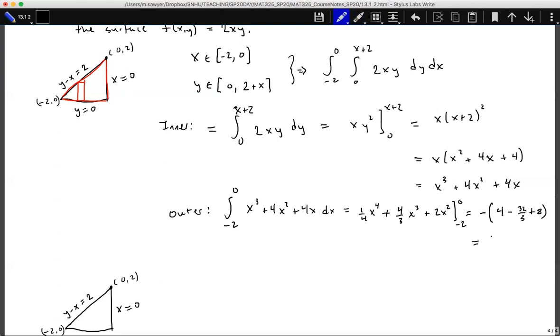So this turns into -4, see here, 4 plus 8 is 12. So -12 plus 32 over 3 as our final answer.